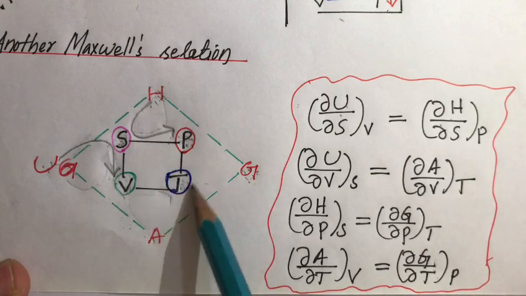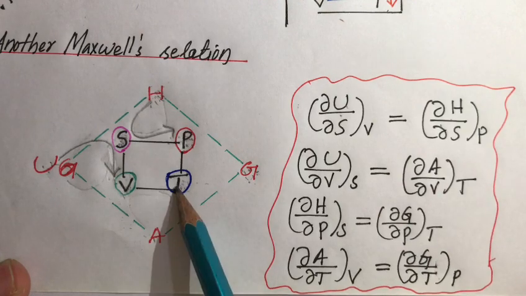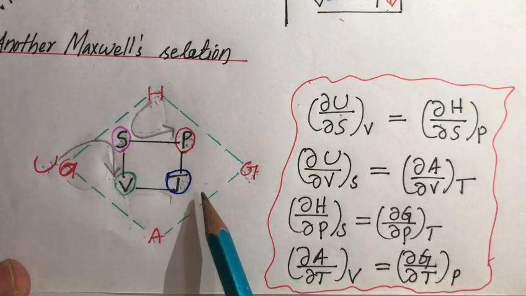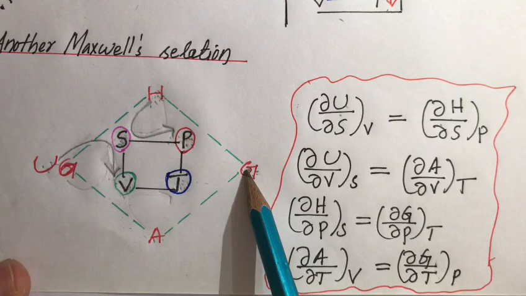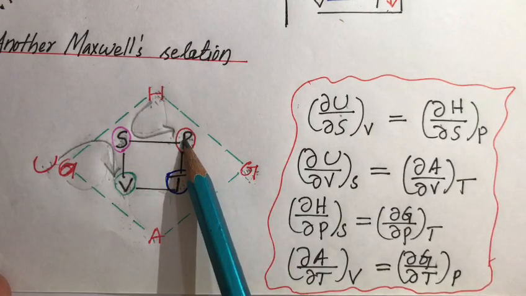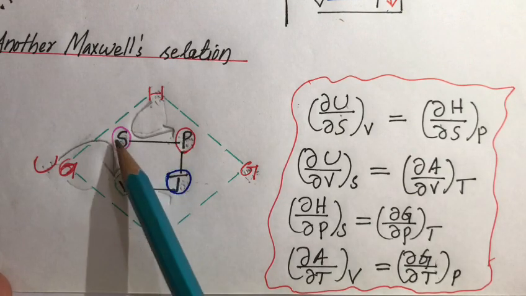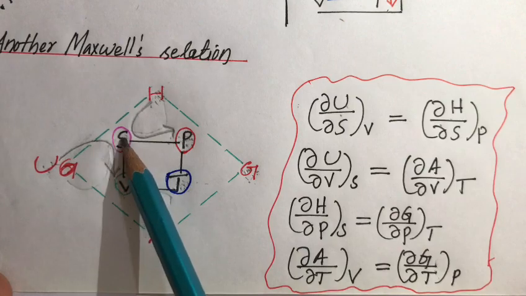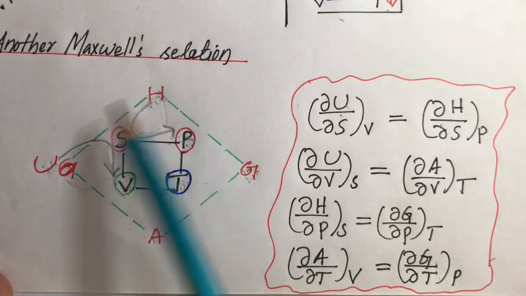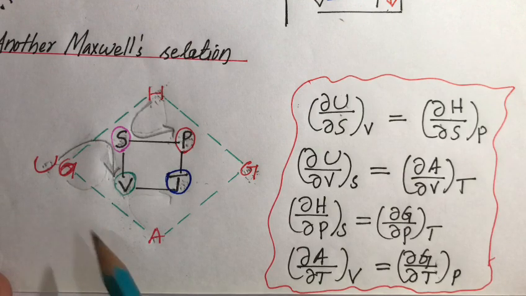Next the T corner, that is dou A by dou T at constant V is equal to dou G by dou T at constant P. So in each case we consider one of the corners, then relate it to the thermodynamic functions. Clear. It's very simple.